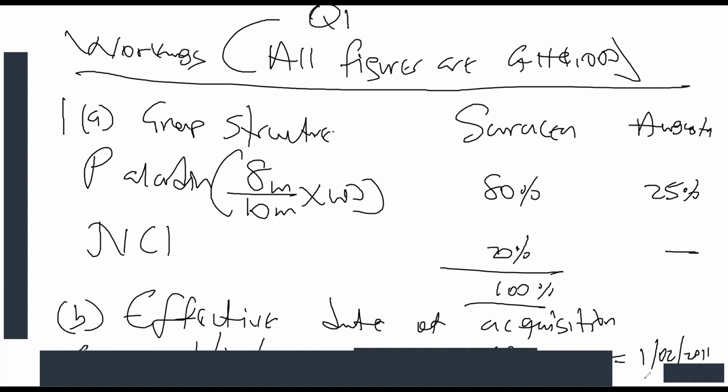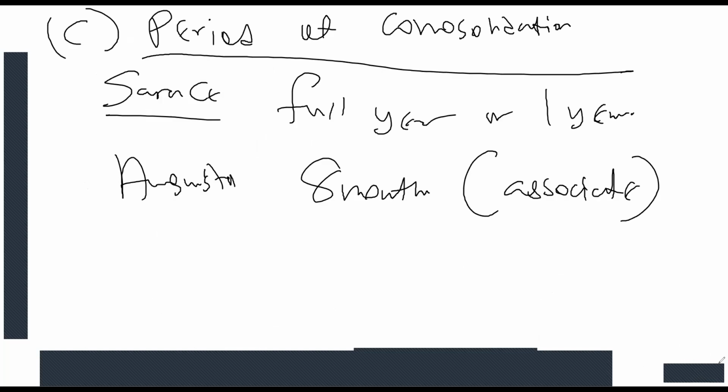We have A, B, and C. Let me see the B part, C part. Augusta, 8 months. Associate. I think the table is okay. Okay, so that is that.